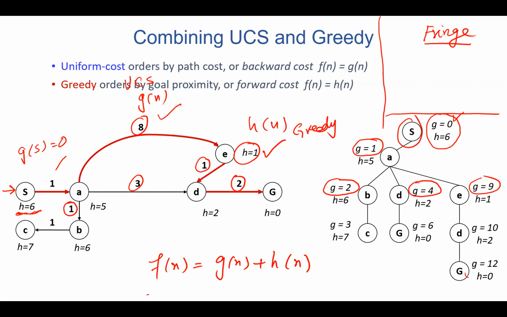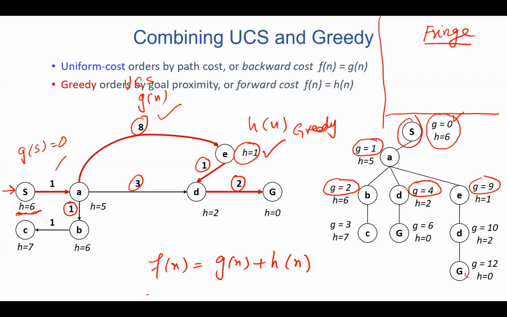And from A, it can either go to B, D, or E. Now look at the H values. From A to B, the H value is 6. From A to D, the H value is 2. And from A to E, the H value is 1. Where will it go? A to E, obviously. So it will go in this direction.